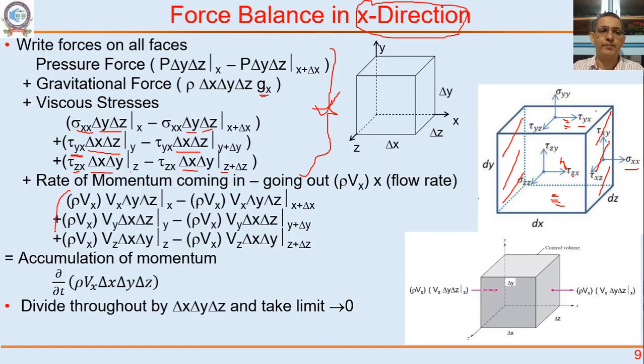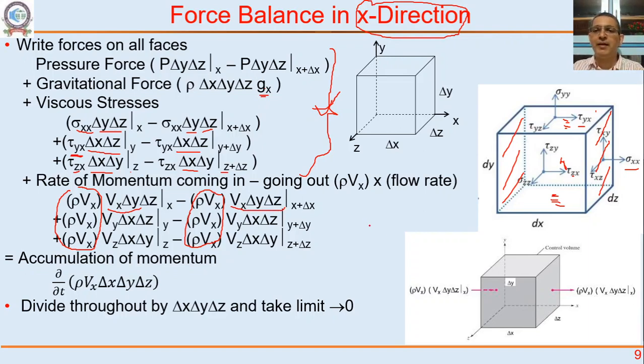That's rho Vx. This momentum will enter this box because of velocity in the x direction through the left face. It will leave because of velocity in the x direction through the right face.